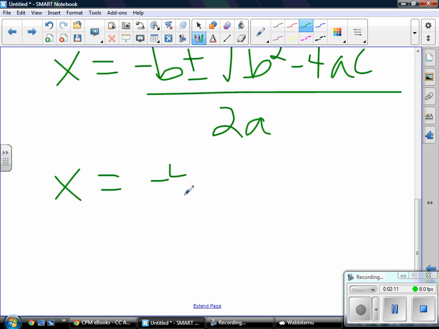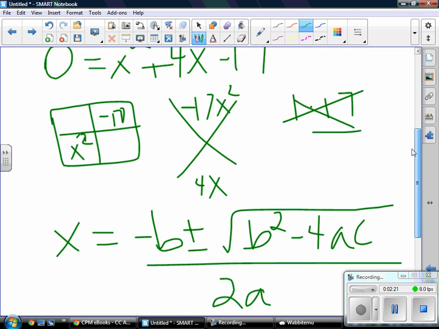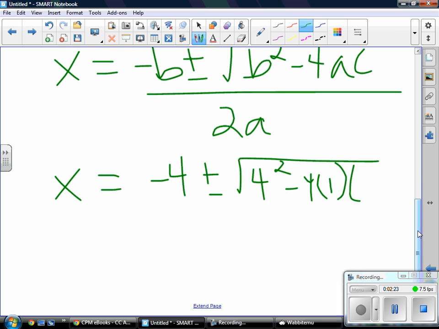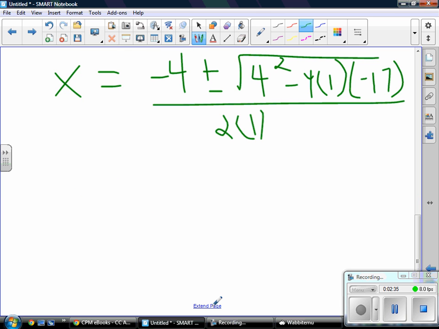So I really have negative 4 plus or minus the square root of 4 squared minus 4 times a, which was 1, and c was negative 17. That negative is very important, so don't forget that. Divided by 2a.